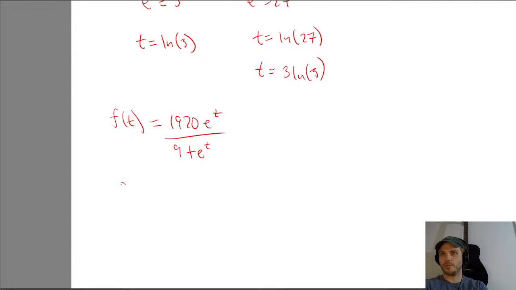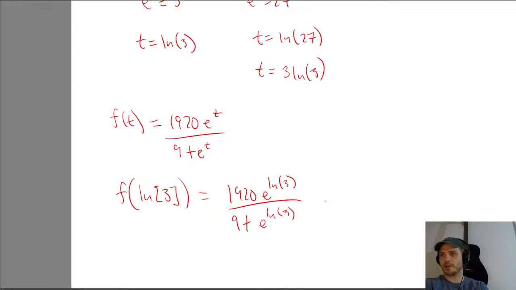And we would like to know f of log of 3, which is equal to 1920 e to the log of 3 over 9 plus e to the log of 3, which is equal to 3 times 1920 over, this cancels, so you just have 3 there, and the same with this, 3 there, so plus 12, it's 3 times 1920, and then I can cancel, this would be 4, this is going to be, does that divide evenly? 16, so that would be 480.